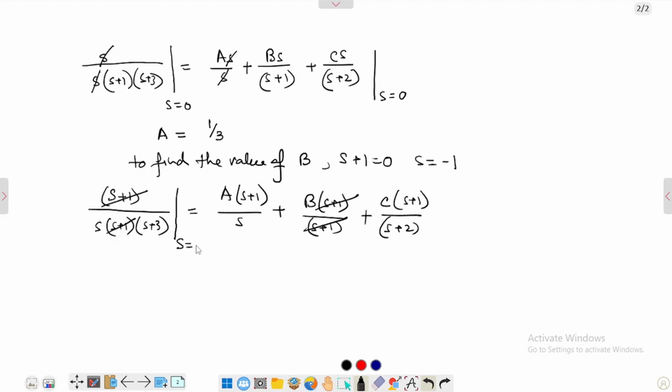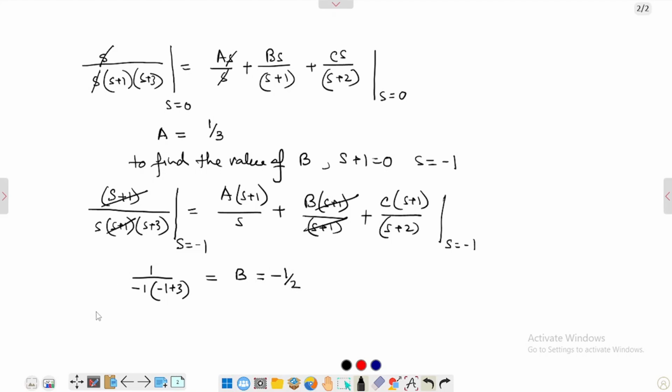I plug in s equal to minus 1. The A and C terms vanish, and so I get 1 divided by (minus 1)(minus 1 plus 2), which is equal to B. So B is equal to minus 1.